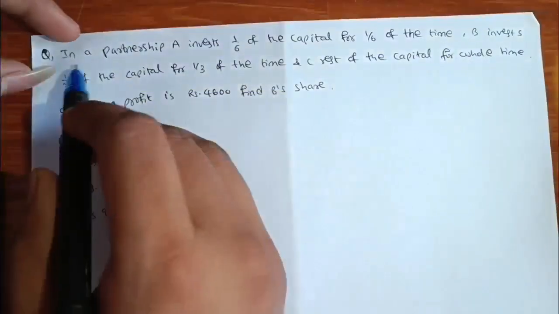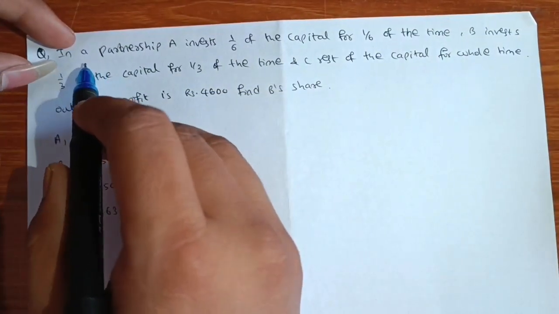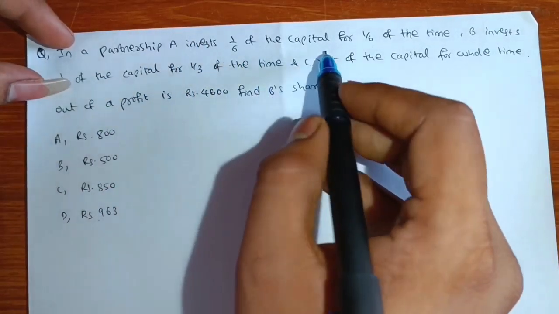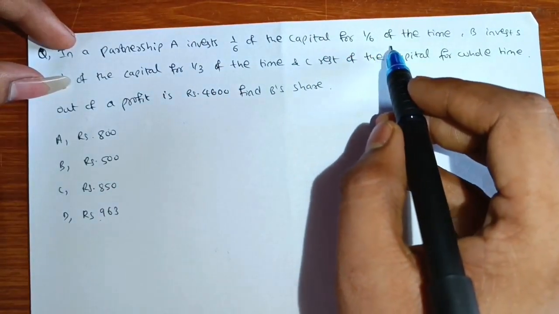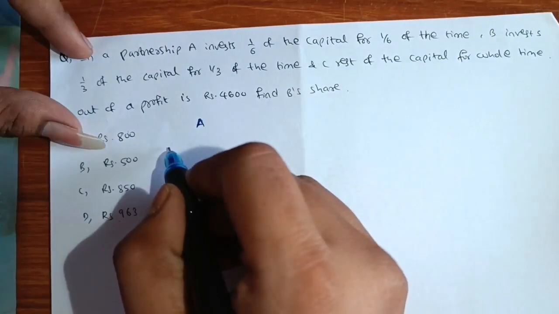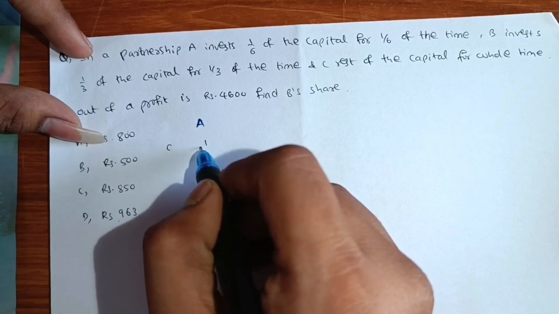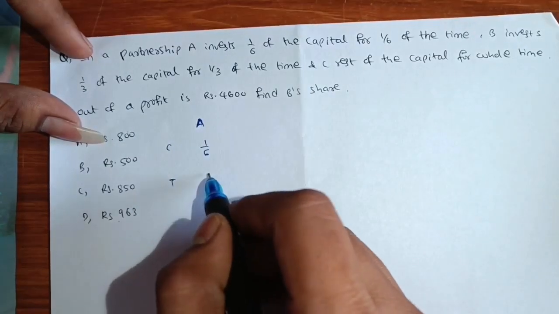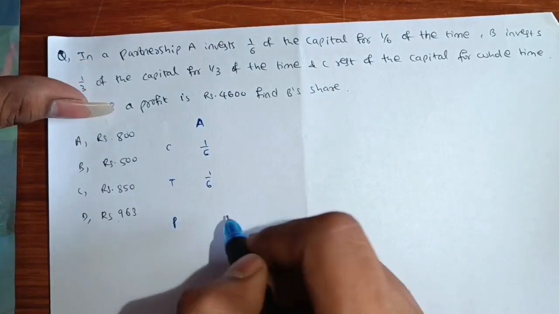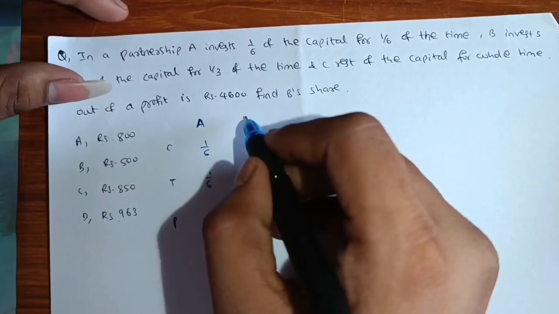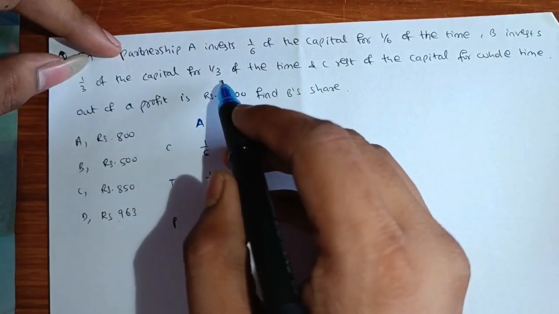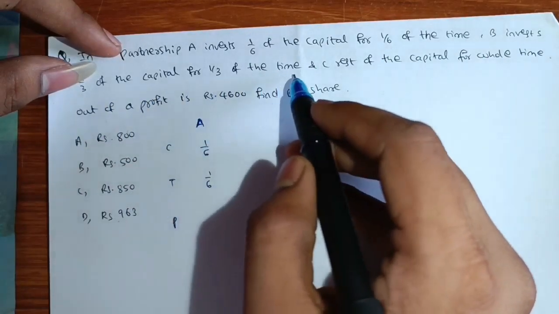Now let us see the next question. In a partnership, A invests 1/6 of the capital for 1/6 of the time. So person A has capital 1/6 for time 1/6. The third row is profit. B invests 1/3 of the capital for 1/3 of the time.